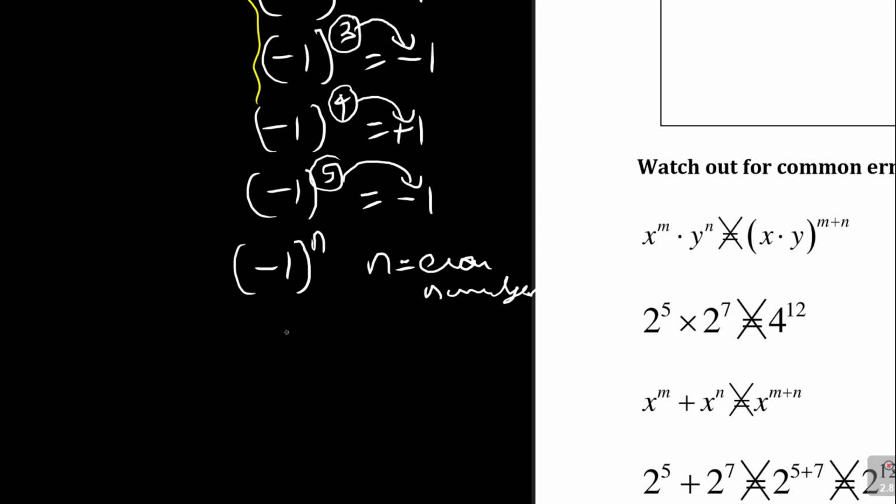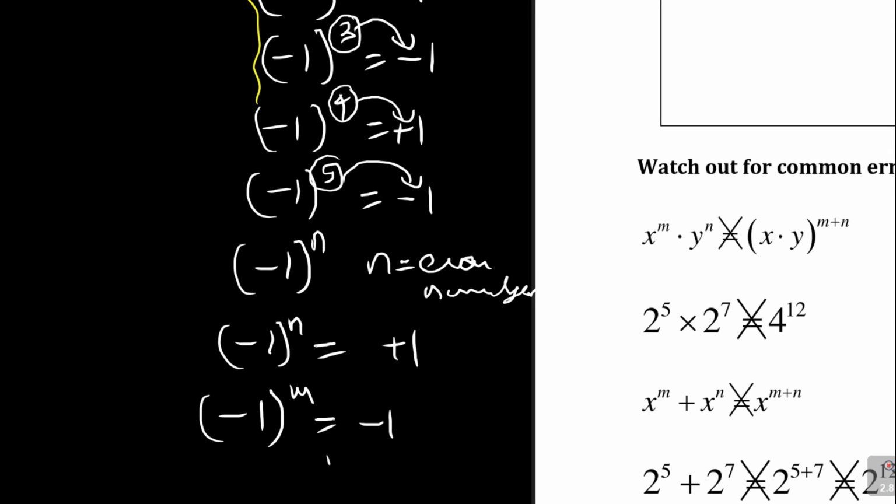Minus 1 to the power n is equal to positive 1 if n is an even number. Minus 1 to the power n is equal to negative 1 if n is an odd number. Do you understand? So if it's an even number, it's 1. If it's an odd number, it's minus 1.